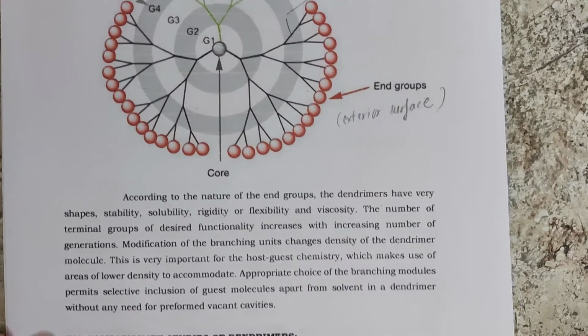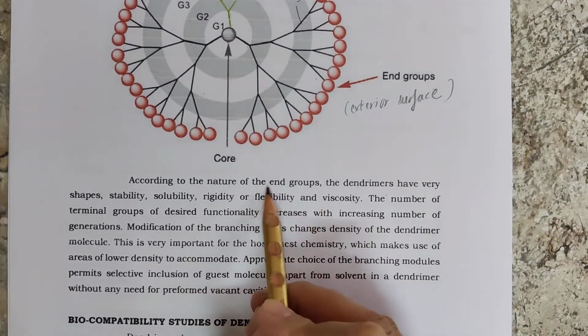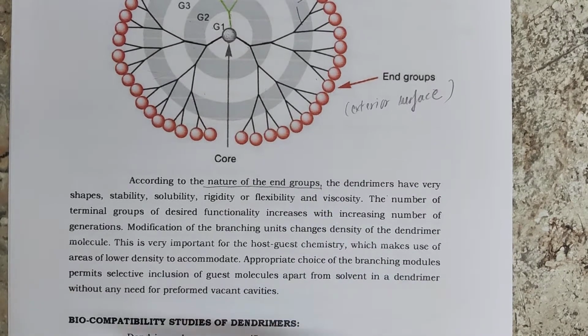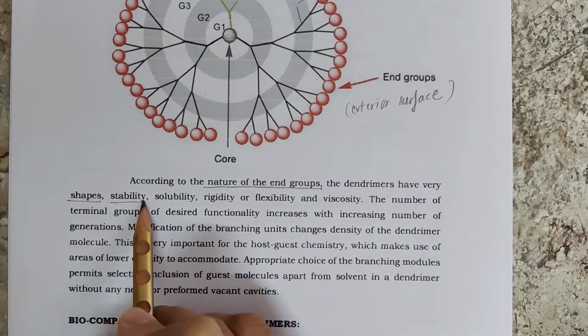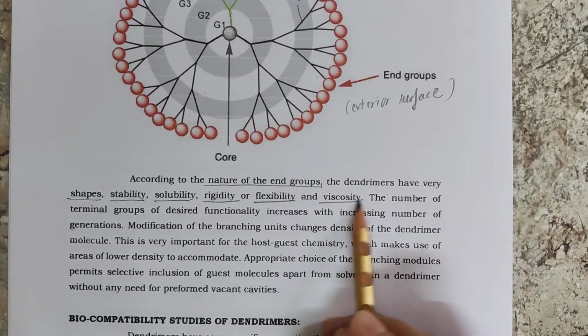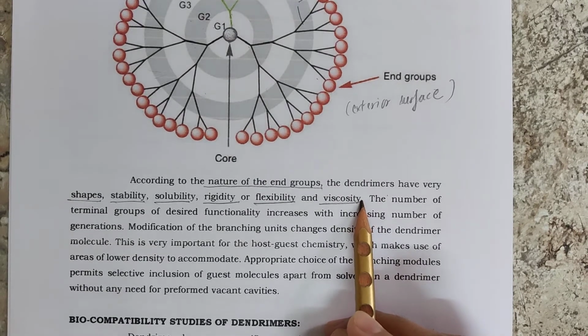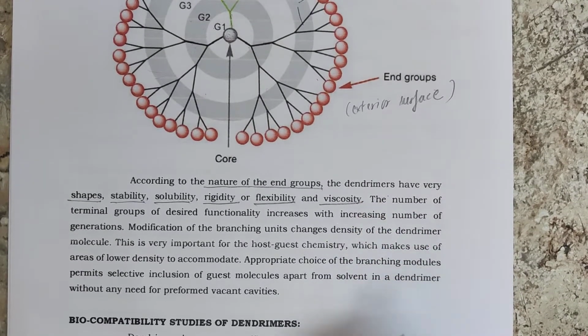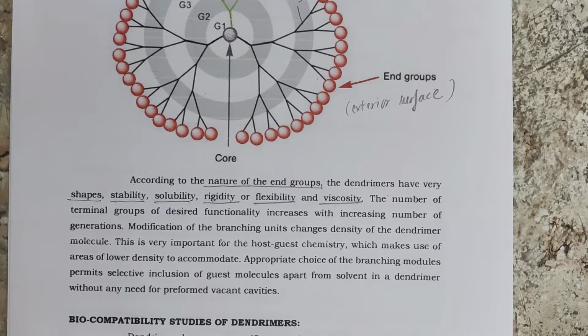Now, depending upon the end group, what is the nature of your end group? Dendrimer could have different shapes, different stability, solubility, rigidity, flexibility, viscosity. So all these properties finally govern what will be the outcome of your dendrimer.